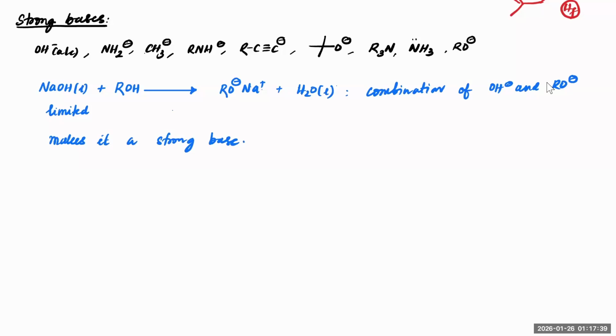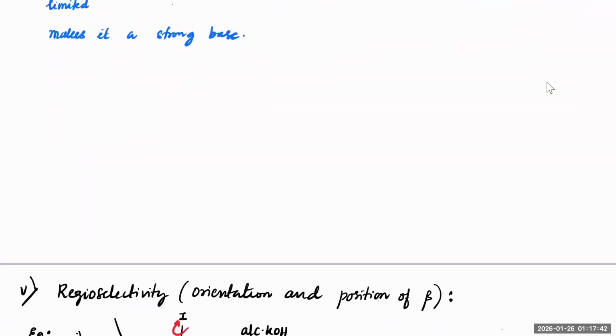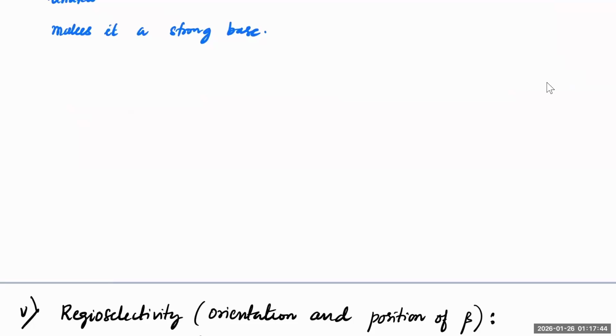Now, second thing, suppose you have been given like this, where I have chlorine at this position, and then I'm using something like CH3O minus. Then chances are it will get a substitution product also, and this is major, and the elimination kind is minor, like this.